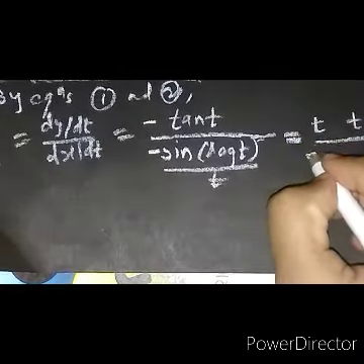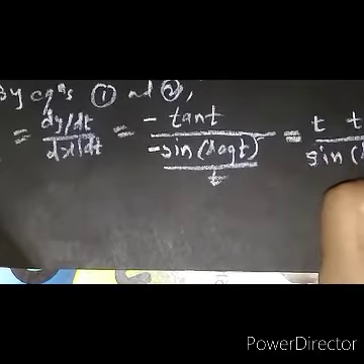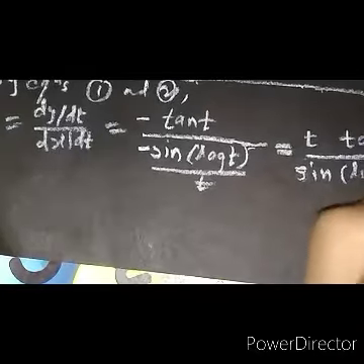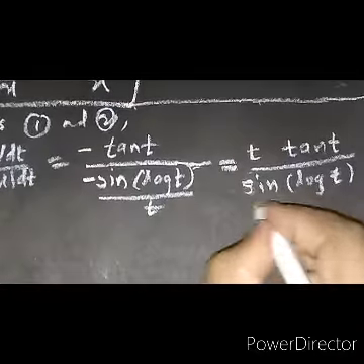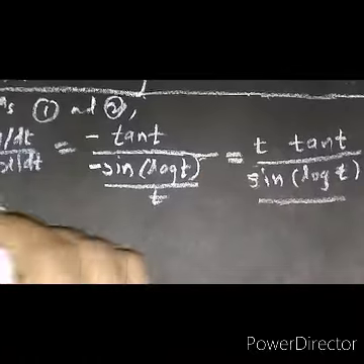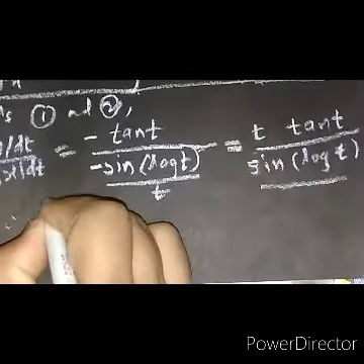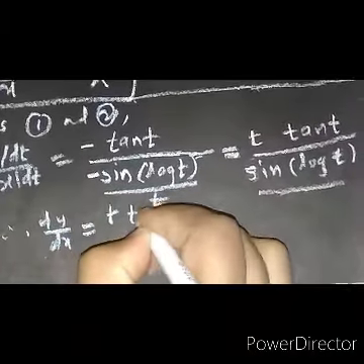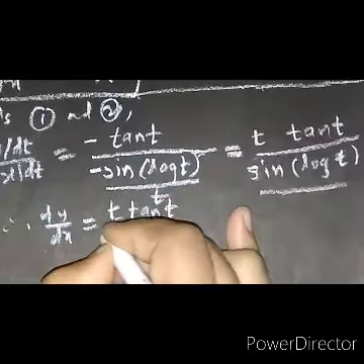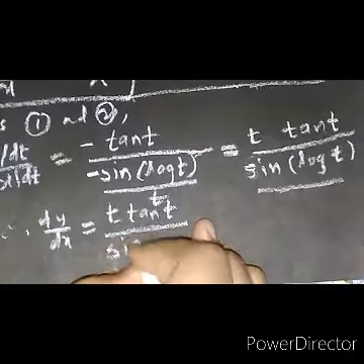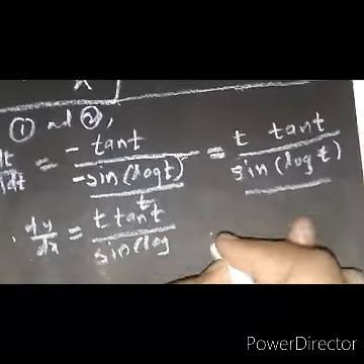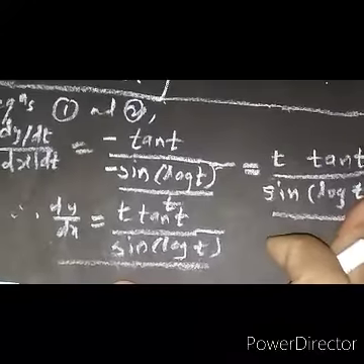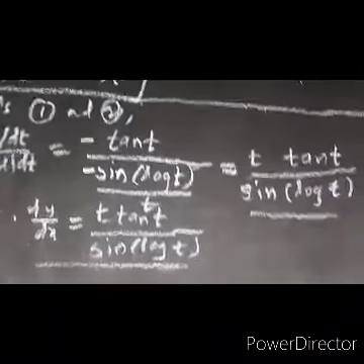So here we got only sin log t. And this is the derivative dy by dx. Again we can write t tan t upon sin log t. So this is the derivative of given function.